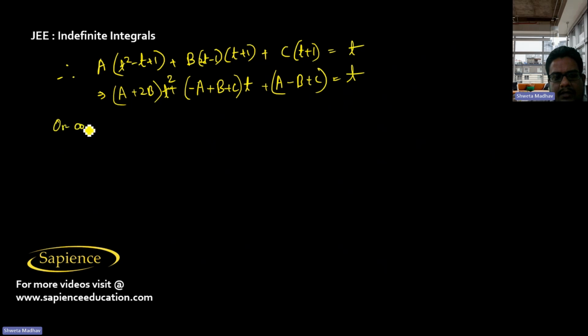So on comparing we can say a plus 2b is equal to 0, minus a plus b plus c is equal to 1, and a minus b plus c is equal to 0.